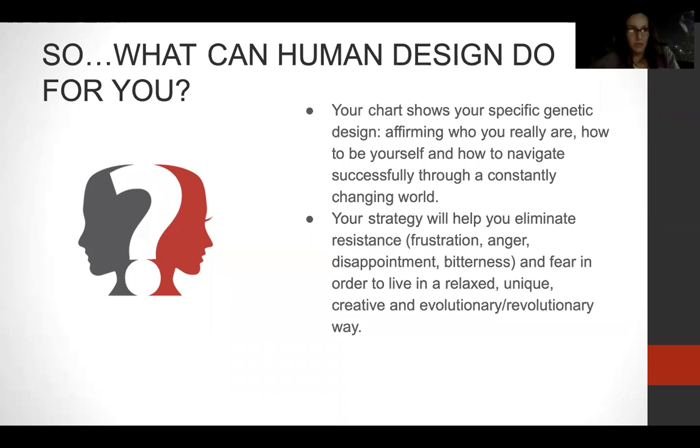Some of you may experience frustration, anger, disappointment, or bitterness. We're going to let go of that resistance and fear in order to live in a relaxed, unique, creative, and evolutionary and revolutionary way.